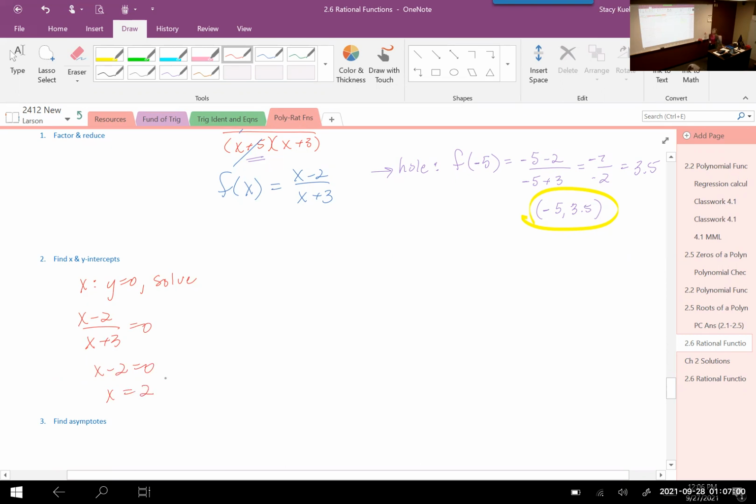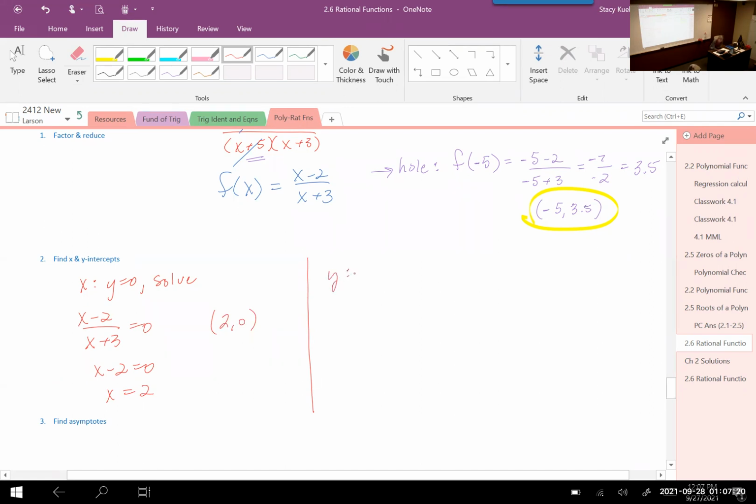Multiply both sides by x plus 3, which is the denominator. In essence, every single time is getting rid of the denominator, isn't it? Okay, so I have an x-intercept occurring at (2, 0).